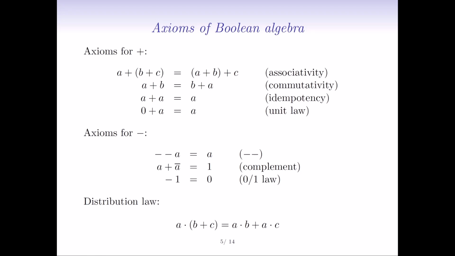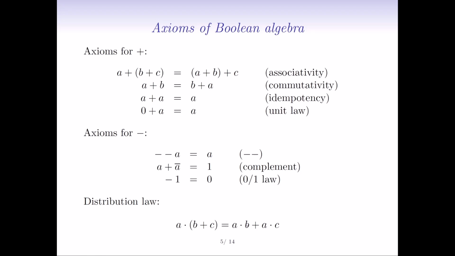And finally, we have the so-called distribution law. a dot (b plus c) equals a dot b plus a dot c. Now this is true if you read dot as being and, and plus as being or, because a and (b or c) is exactly the same thing as (a and b) or (a and c).